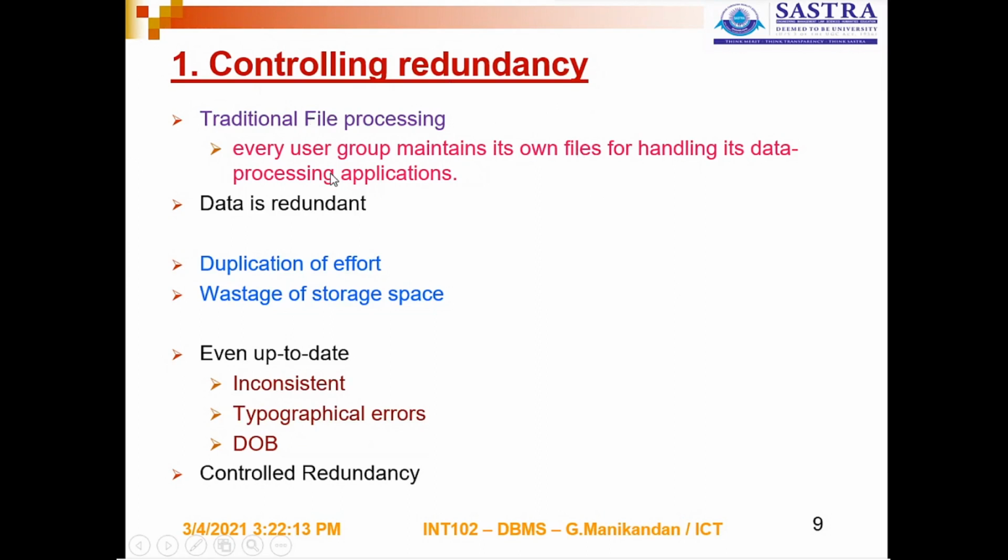So there is a chance of having the same data in more than one location. So in the case of a traditional file processing system, your data is said to be redundant.